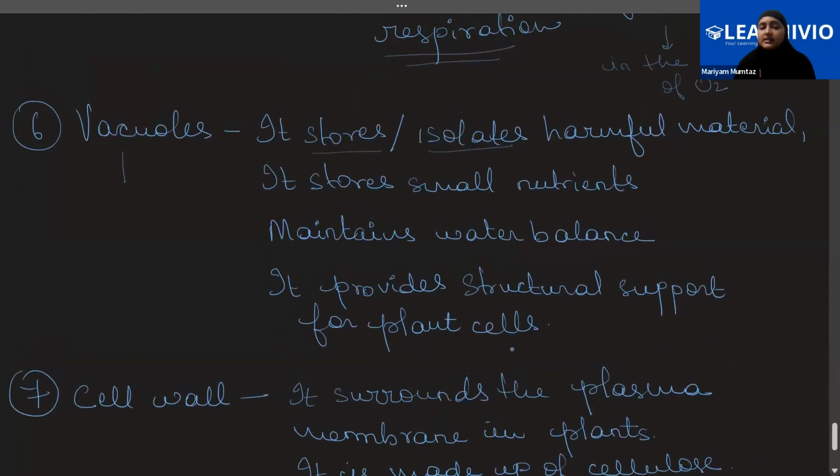Vacuoles are absent in animal cells, though animal cells can sometimes have temporary vacuoles. Plant cells have a lot of vacuoles, and most of their vacuoles are permanent.